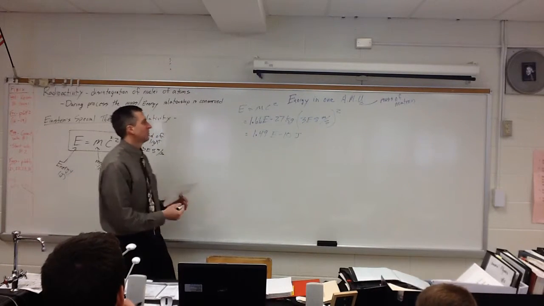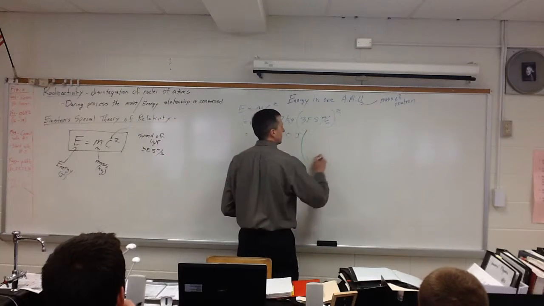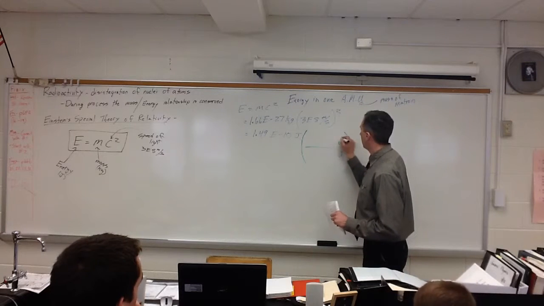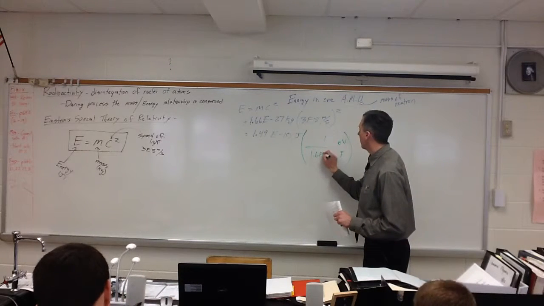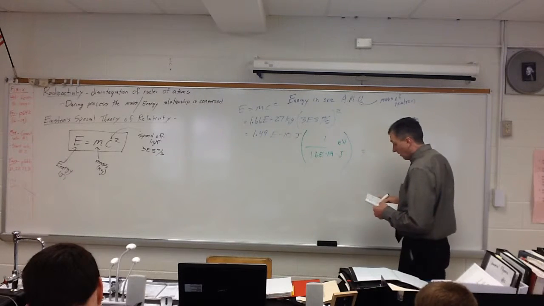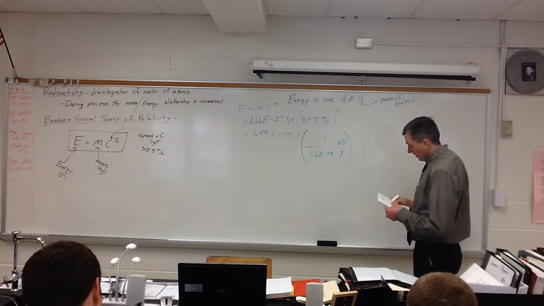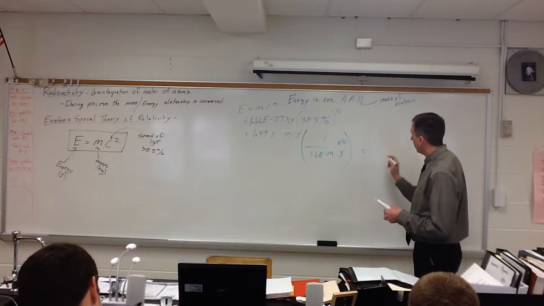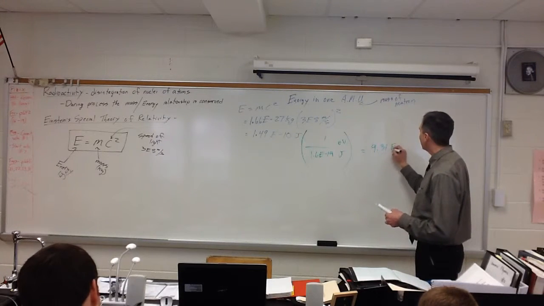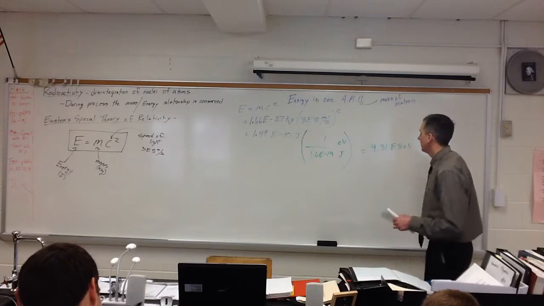So how do you get that into electron volts? Very good. 1 electron volt is 1.6 e negative 19 joules. So we do a little conversion, and it comes out to 9.31 E8 electron volts.